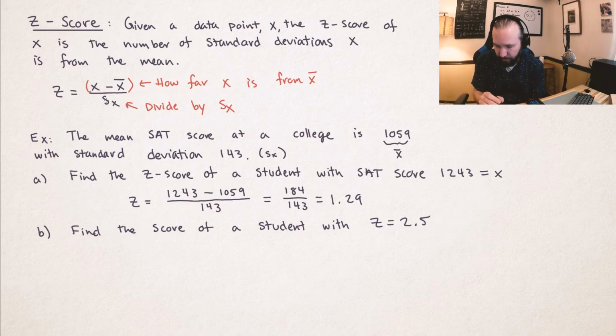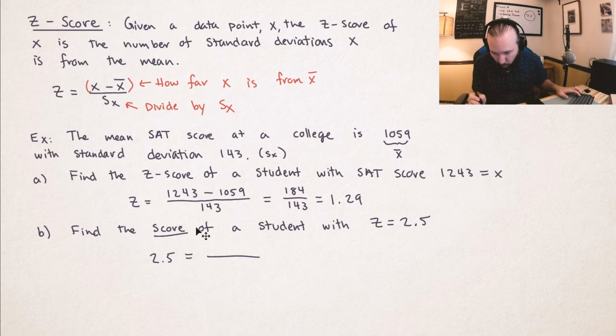So I'm using this z-score formula up there, and I'm going to plug in 2.5 for z. The question asks us to find the score, so that means x is going to remain the variable, and then x bar was 1059, and the standard deviation was 143.